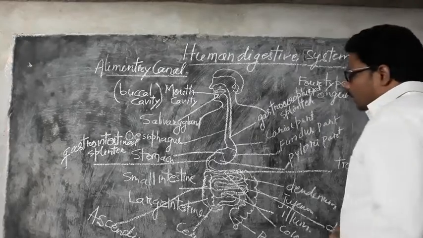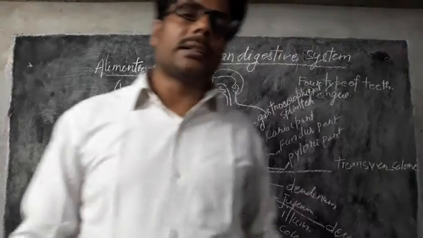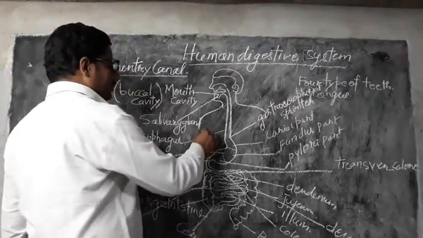Now see, just above the right side of the stomach, there is a triangular shape structure.